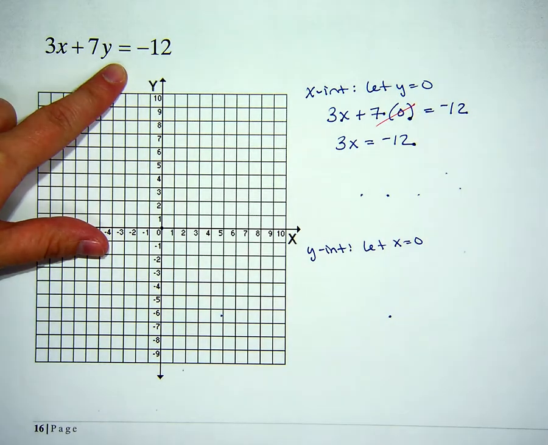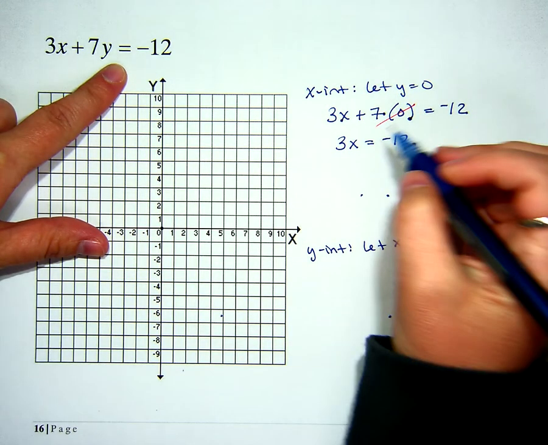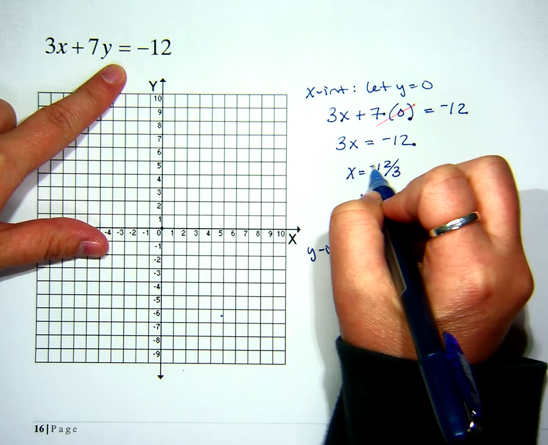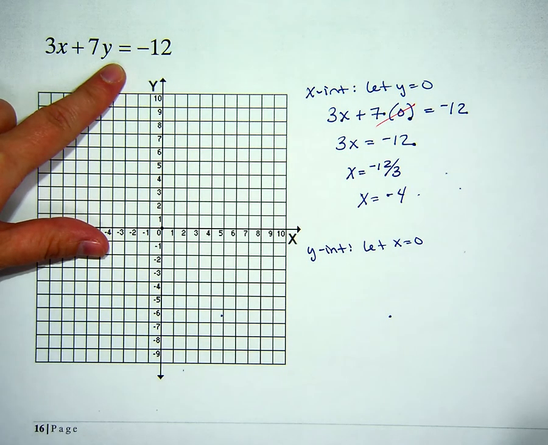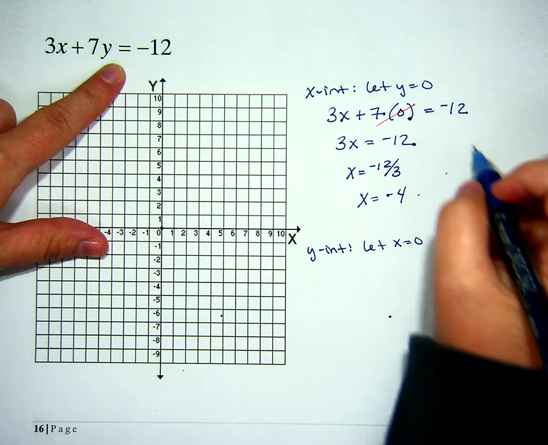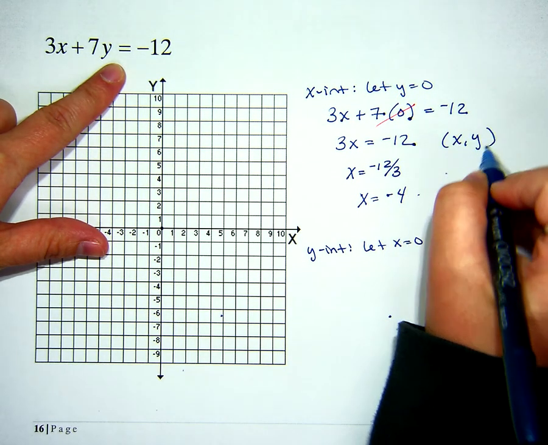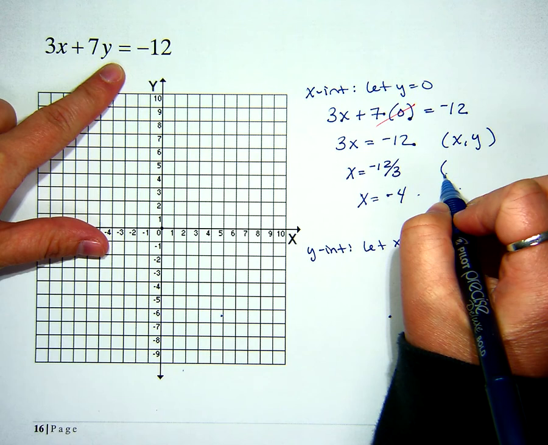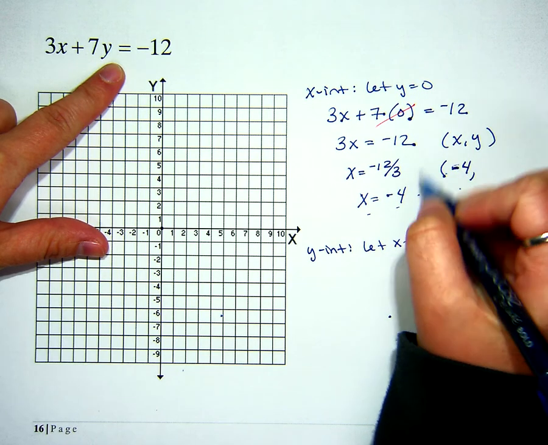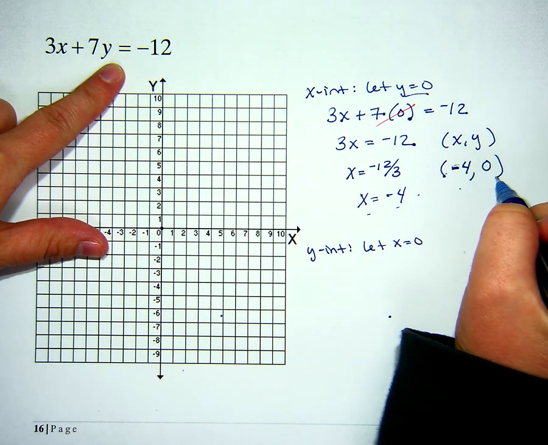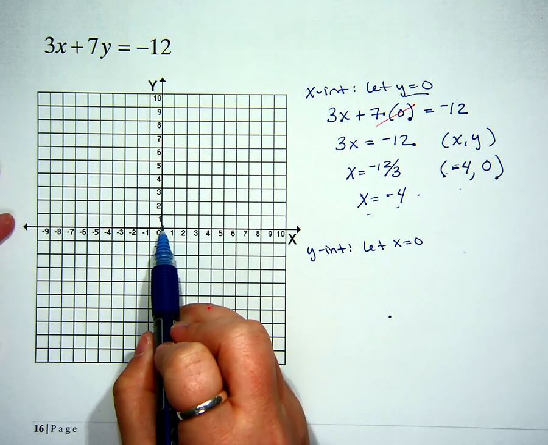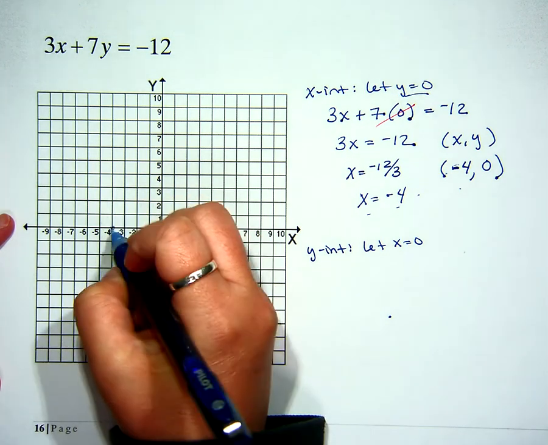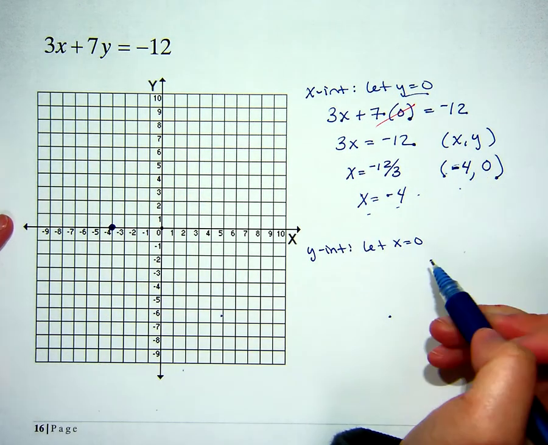So that goes away. So x equals negative 4. So again, I have my ordered pair x, y. X, I got to be negative 4. Y, I let be 0. Start at the origin, go to negative 4 on your x, and plot your point because y is 0.